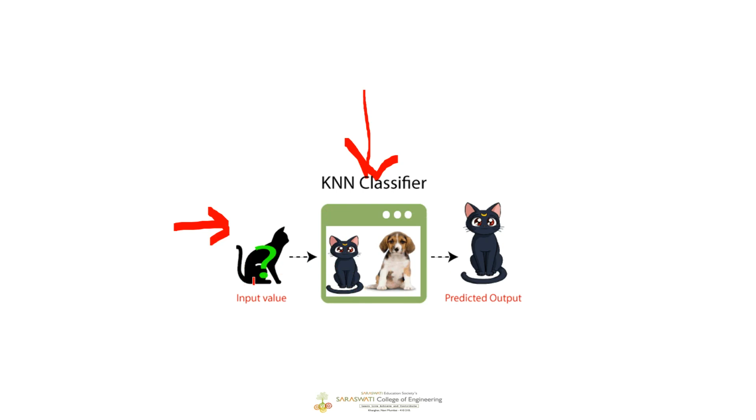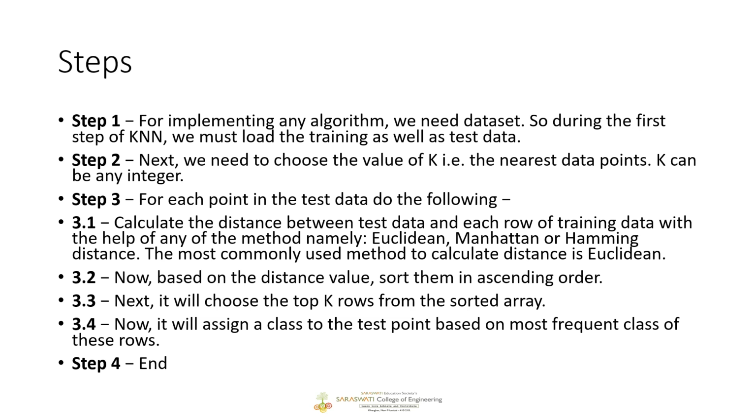Now we will compare the features of this cat with the features of this cat and the features of the dog. And where the features match more, then we decide whether it's a cat or a dog. In this case, we have more similarity with cat, so the predicted output in this case is cat.